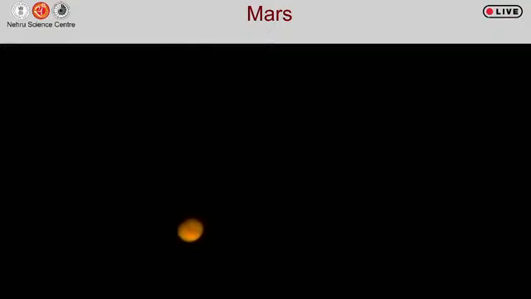The length of the orbit is also different from Earth's, because Mars is further from the Sun, and the length of the year on Mars is about twice that on Earth. The Earth takes 365 days to revolve around the Sun, whereas Mars needs 687 days, which is almost twice as long.